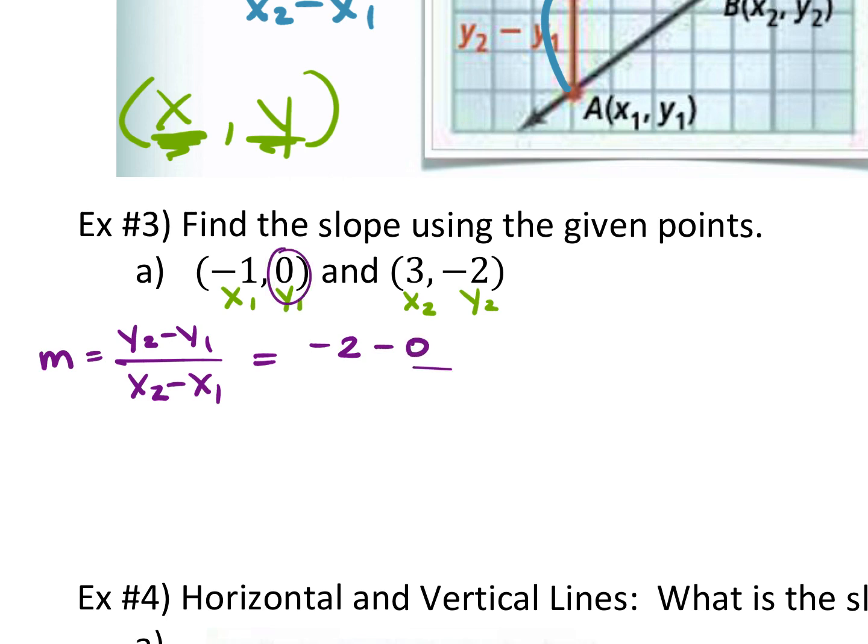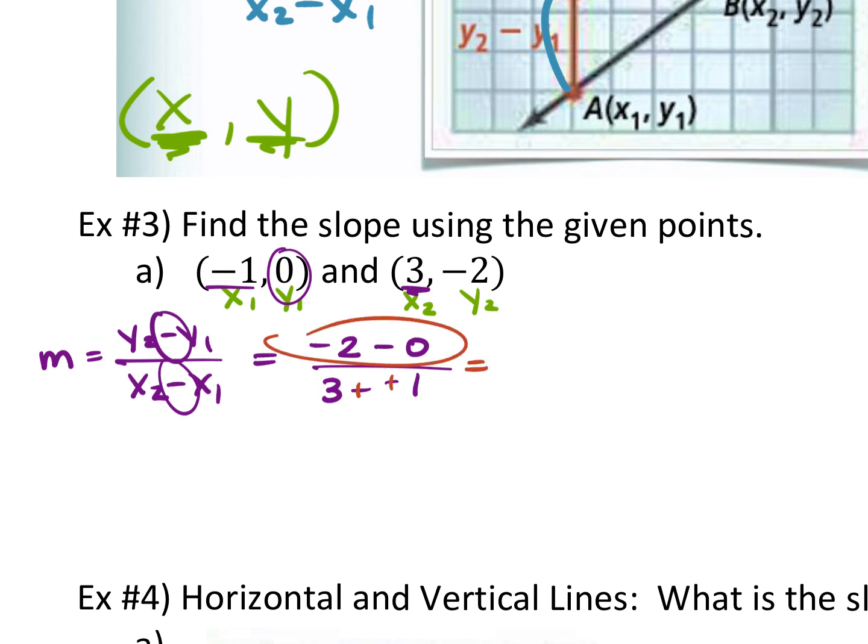So negative 2 minus 0 is your Y2 minus your Y1. What's X2 minus X1? 3 minus a negative 1. And be careful with negatives here. The formula is subtraction. So if you're subtracting a negative, you're actually doing what?